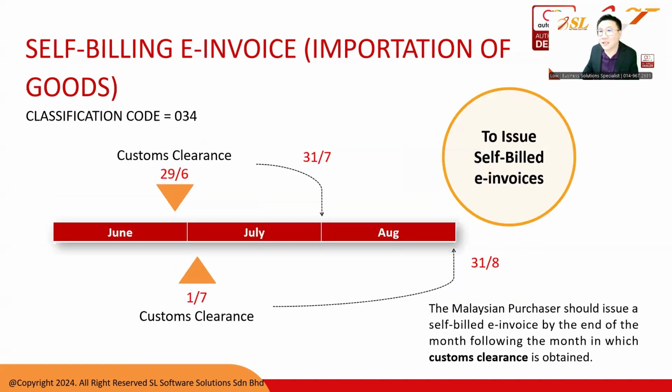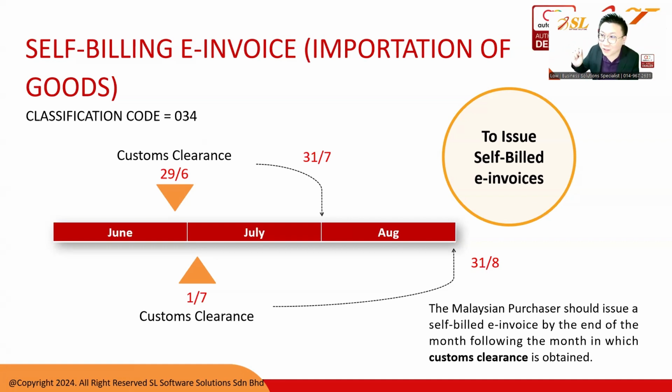Next example, imported goods. For imported goods, the overseas supplier doesn't have an ID to log into my invoice portal. So that's why we base it on your customs clearance form. Before the end of next month after you receive the customs clearance form, regardless of whether you make payment or not, whether you receive the invoice or not, whether you send the goods to the customer or receive the goods or not, don't care.